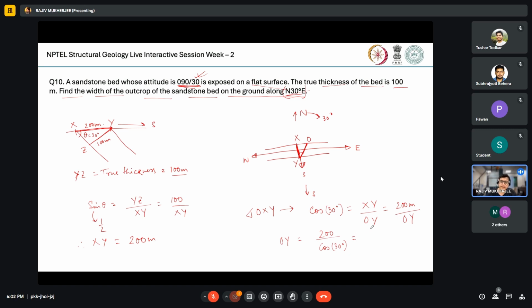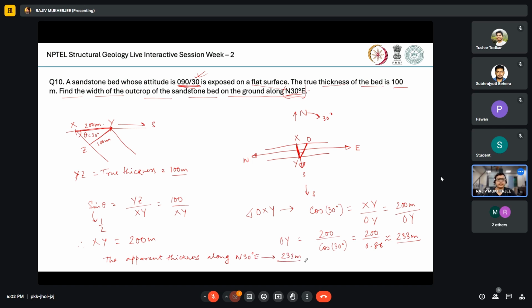So this will be 200 by 0.86 roughly, which is around 233 meters. So the apparent thickness along north 30 degrees east is 233 meters.